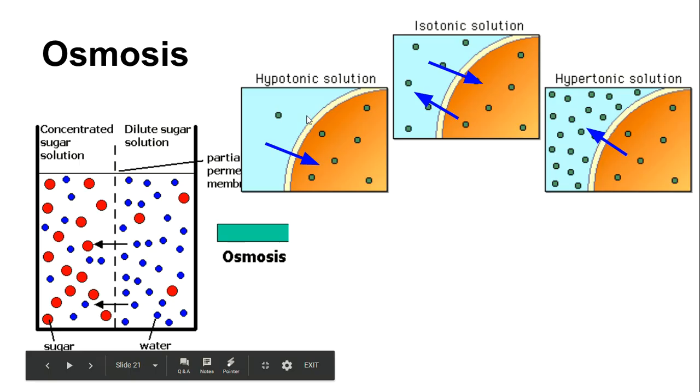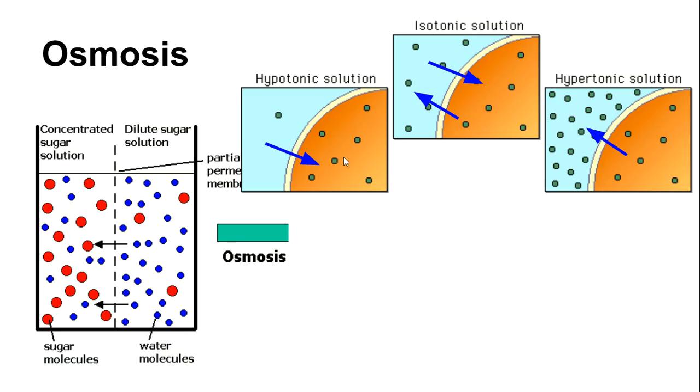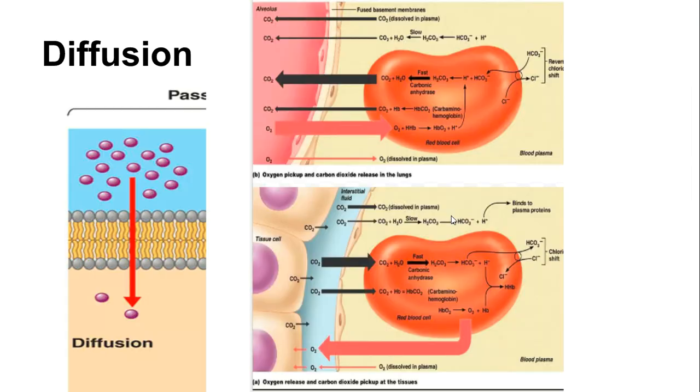In this situation, if the solute is the green, the water would go in, chasing the higher concentration of solute. In this one over here, the water is going to go out, because it's going to chase the higher concentration of solute. This one, where it's already balanced, water will still cross the membrane, but it's going to do so at an equal rate. So we call it at equilibrium.